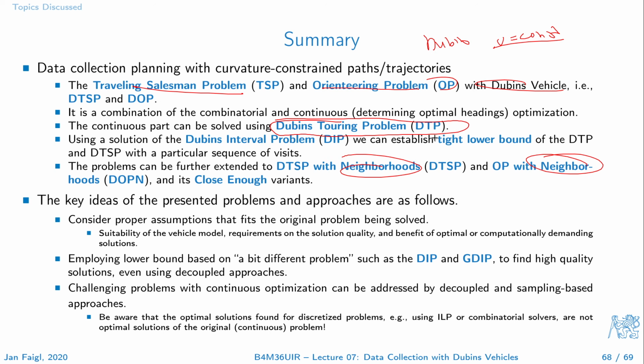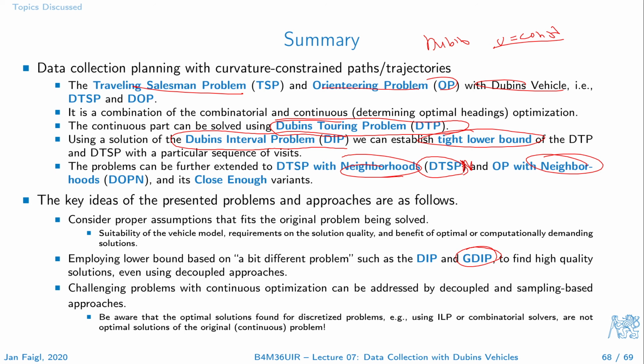I showed you that there is a Dubins interval problem that can provide you a tight lower bound, and there is also a generalized Dubins problem that can provide you a tight lower bound for the Dubins traveling salesman problem with neighborhoods.